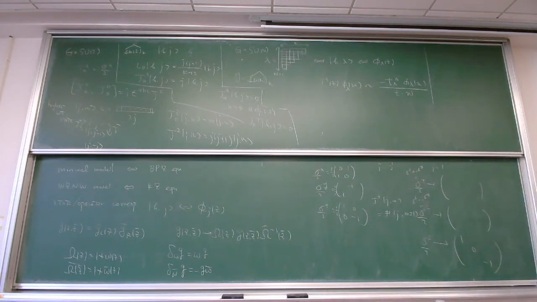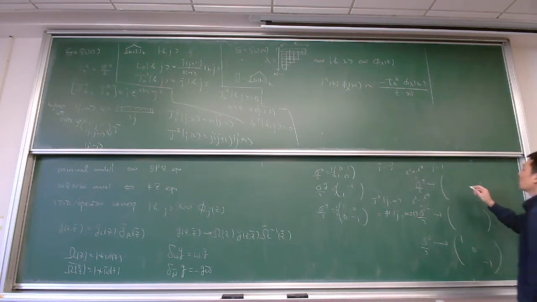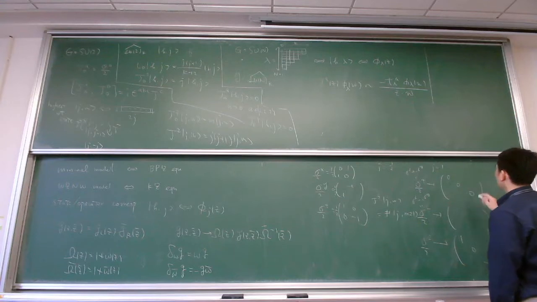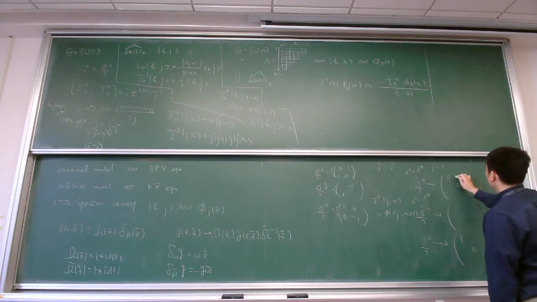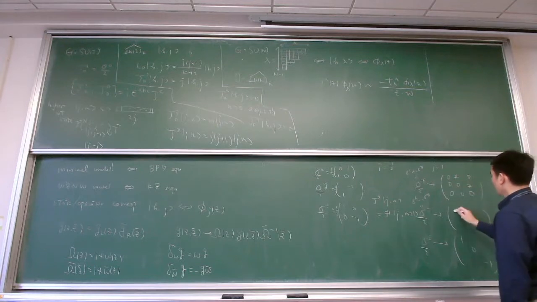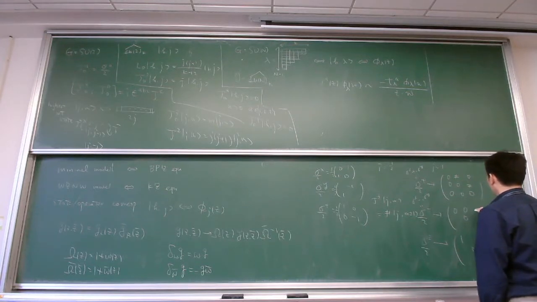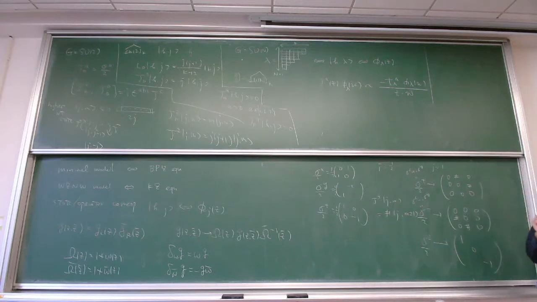Then what you get is zeros with some Clebsch-Gordan coefficient number in the off-diagonal entries. Do you understand what I mean? You don't understand.